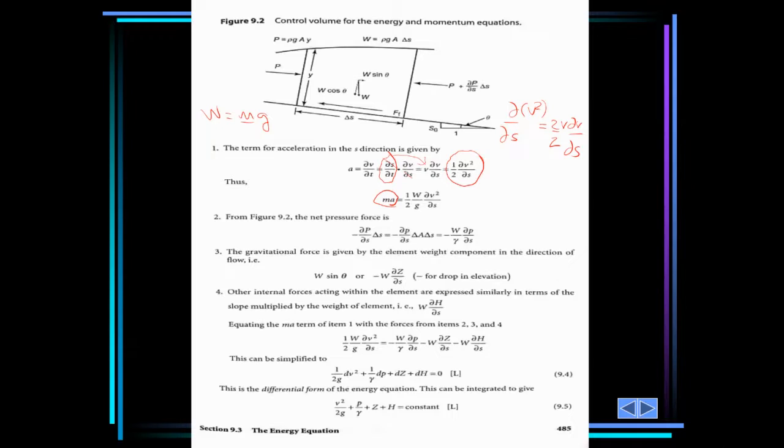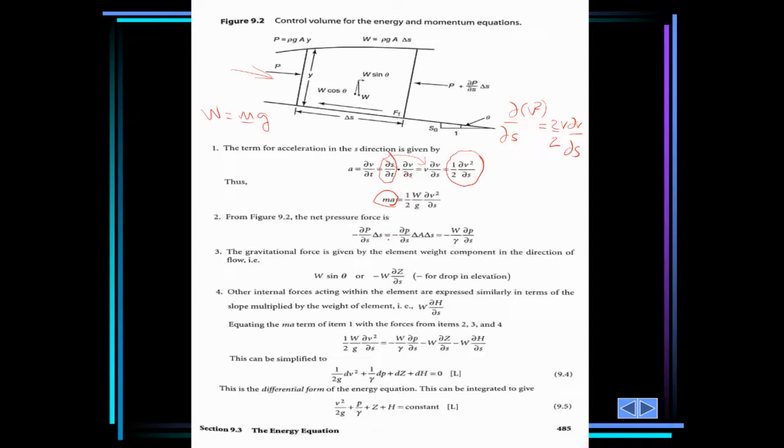Now let's analyze the pressure force as well as the weight component. From the figure above, the net pressure force, because when you add it, this is pressure P, this is minus, because force is a vector quantity, so it's positive if we take this to be the positive direction. So it's going to be P minus ∂P/∂s Δs.